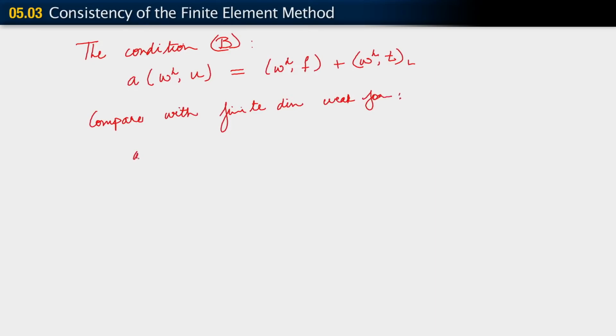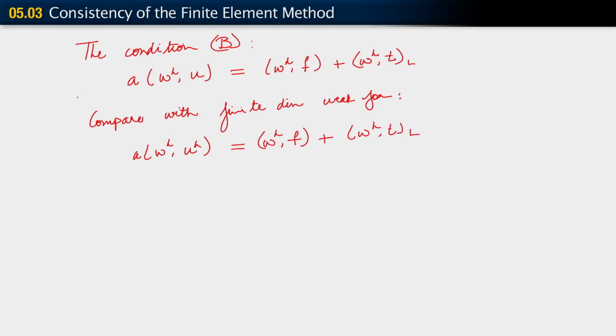In this abstract notation, the finite dimensional weak form is this. Okay, right? So this is the equation we're actually solving to get UH.